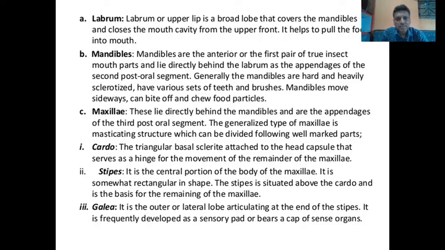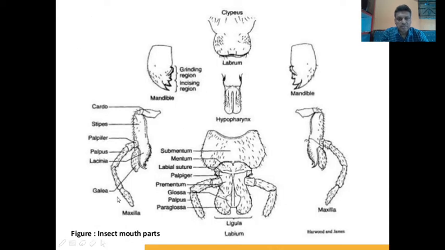Maxillae are directly behind the mandibles and are the appendages of the third post-oral segment. This is the first, this is the second, and this is the third segment of the mouth, that is called the maxilla.